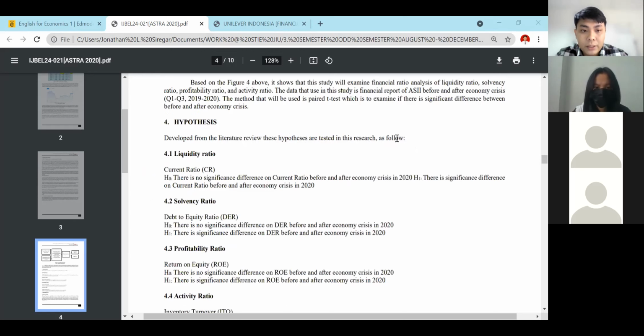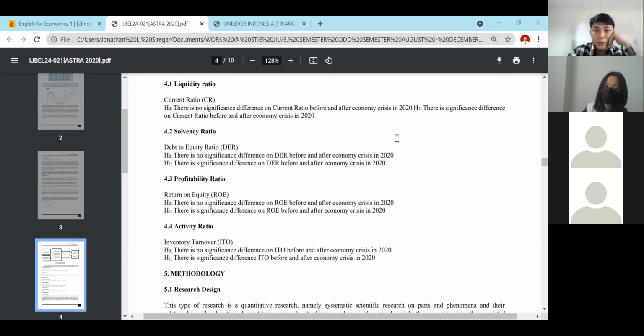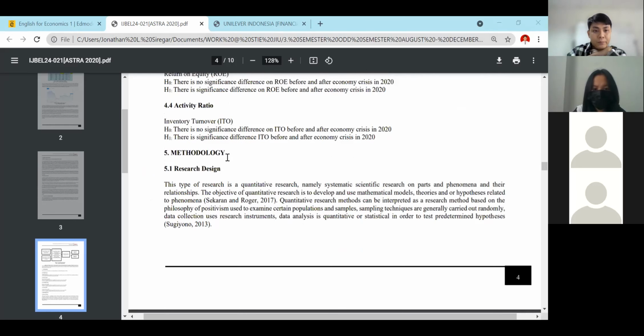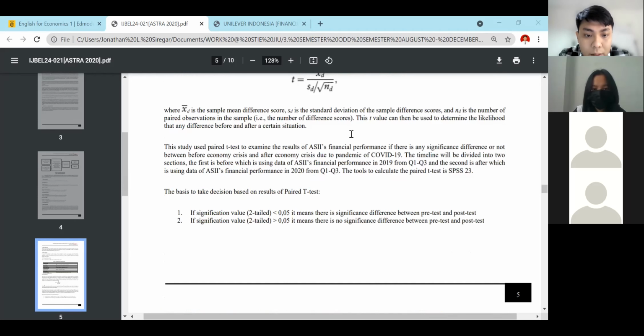After that, they explain more about the ratios: the liquidity ratio, the solvency, the profitability, until the activity. And then they use these formulations, where is the result?